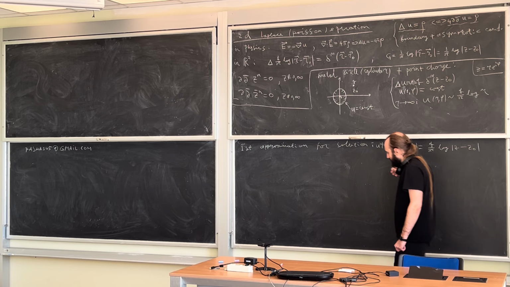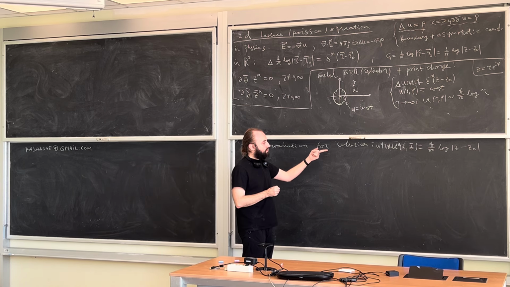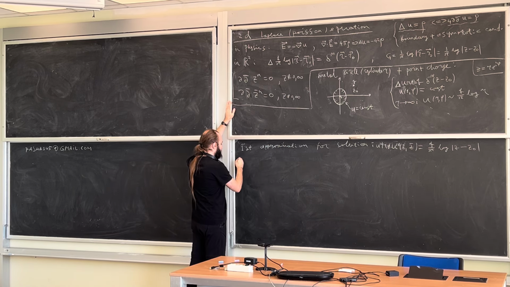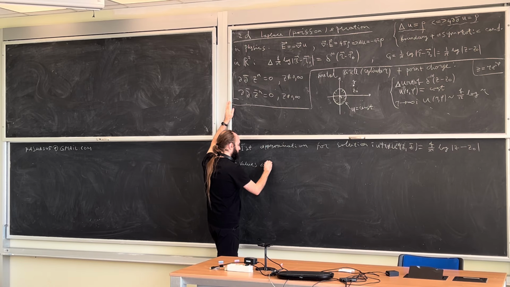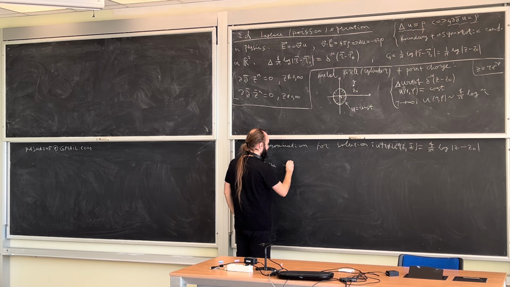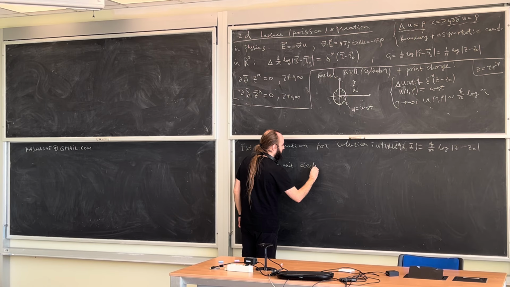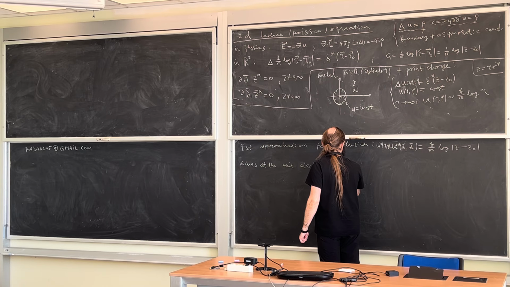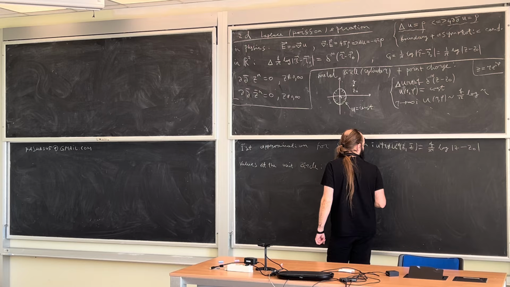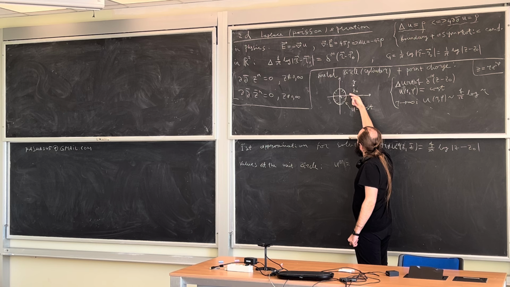So let us look at the values of this function at the unit circle. We need to specify that the absolute value of z equals 1.